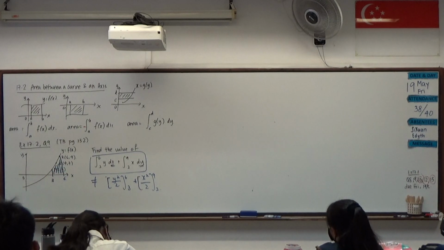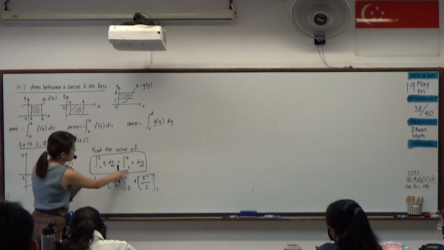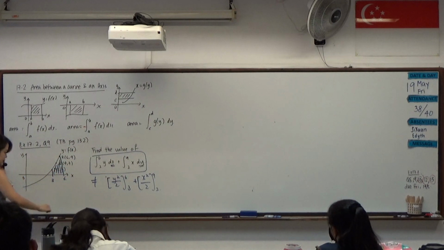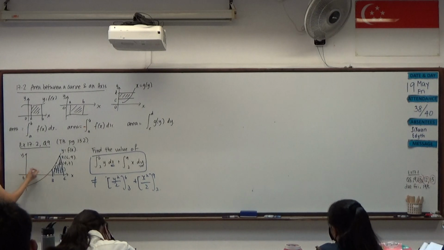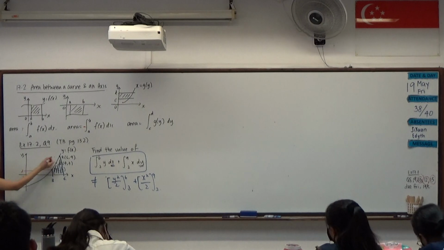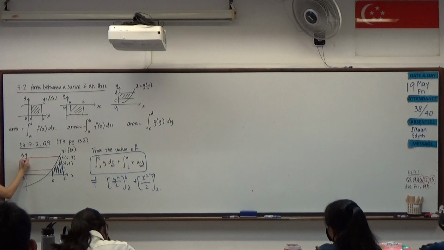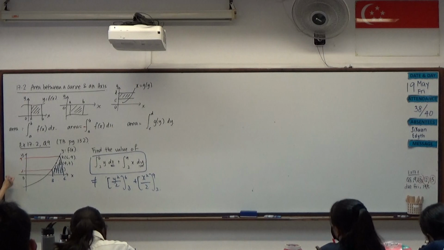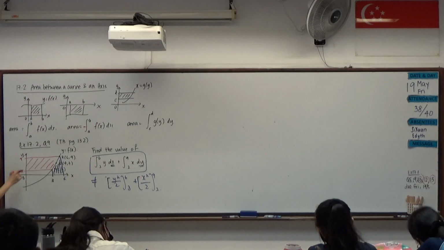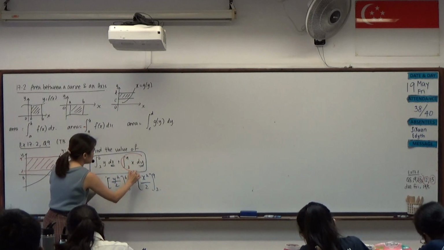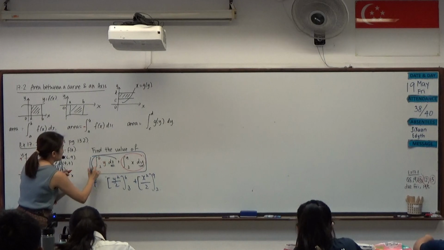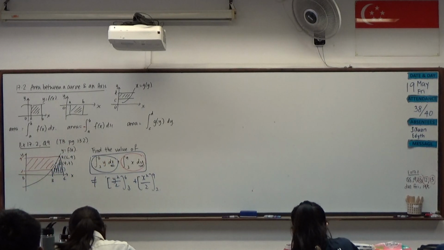You understand? And then when I want to integrate from 2 to 9, integrate x with respect to y, that means that we're looking for, 2 is actually over here because of the y coordinate of P, and based on the y coordinate of R, 9 is over here. So we're actually trying to get this area here. Okay, so this part matches to the red area, and this part matches to the blue area.